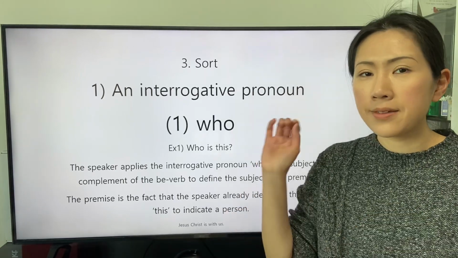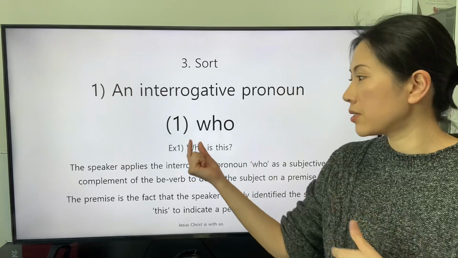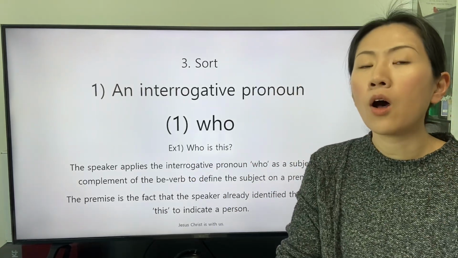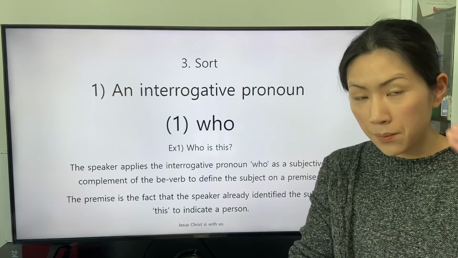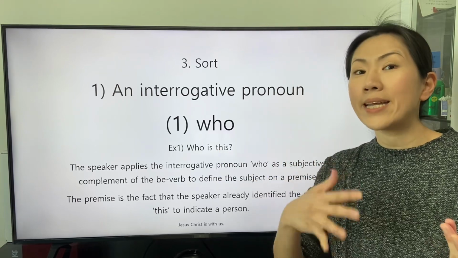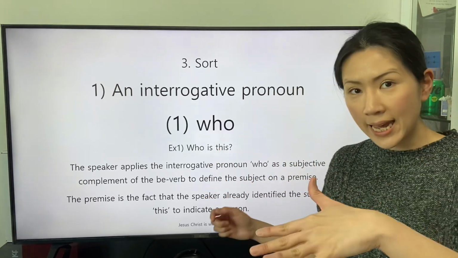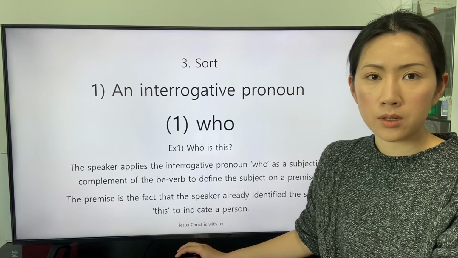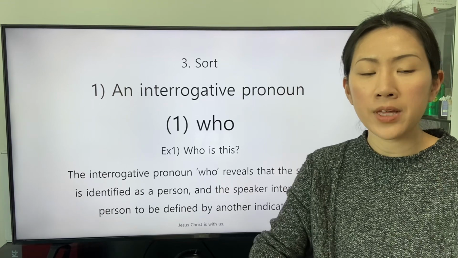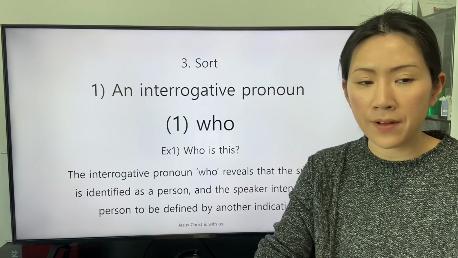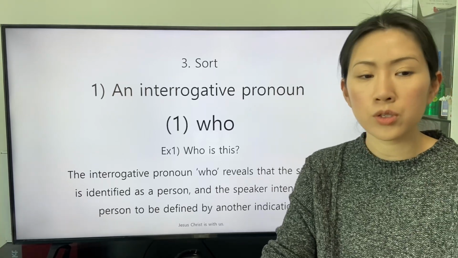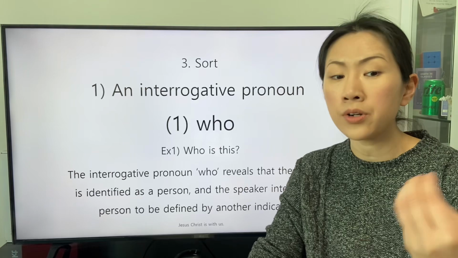With the fact that the speaker applies the interrogative pronoun who, we can understand that the speaker already has the information that the subject indicated by the indicative pronoun this indicates a person. The interrogative pronoun who reveals that the subject is identified as a person, and the speaker intends the person to be defined by another indication.